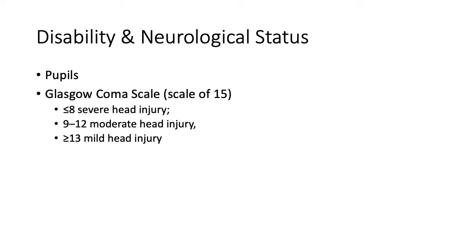A patient with a score of 8 or less has a severe head injury, 9 to 12 moderate head injury, and 13 or more mild head injury. If there is a clinical suspicion of a spinal injury, we can further identify the level of the injury by performing power and sensation testing in the patient's periphery.